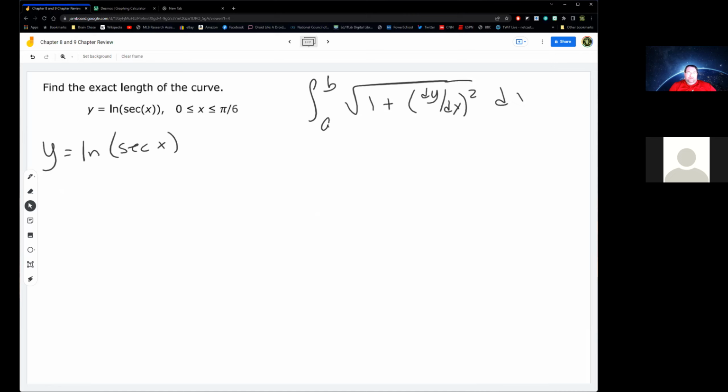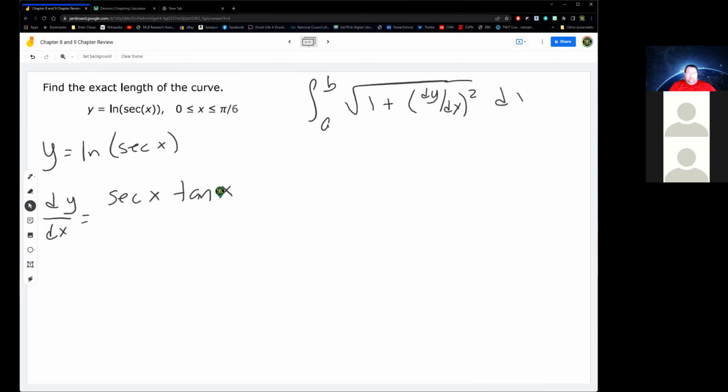You use the chain rule? Yes, we have to use the chain rule for this one. So what's the derivative of secant of x? The chain rule says do the inside and then do the outside. So what's the derivative of secant x? That's secant x tangent x. No plus, just both of them.